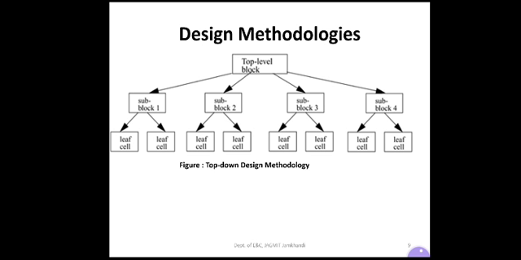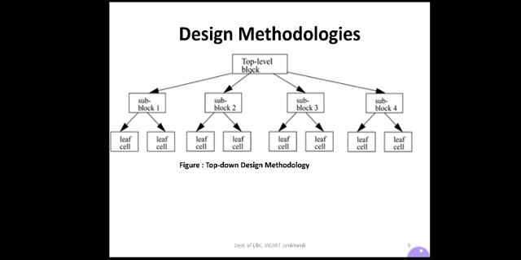In the top down design methodology, first we define the top level block, and then we identify the different sub blocks within the top level block. Here there are 4 different sub blocks shown: sub block number 1, 2, 3 and 4.